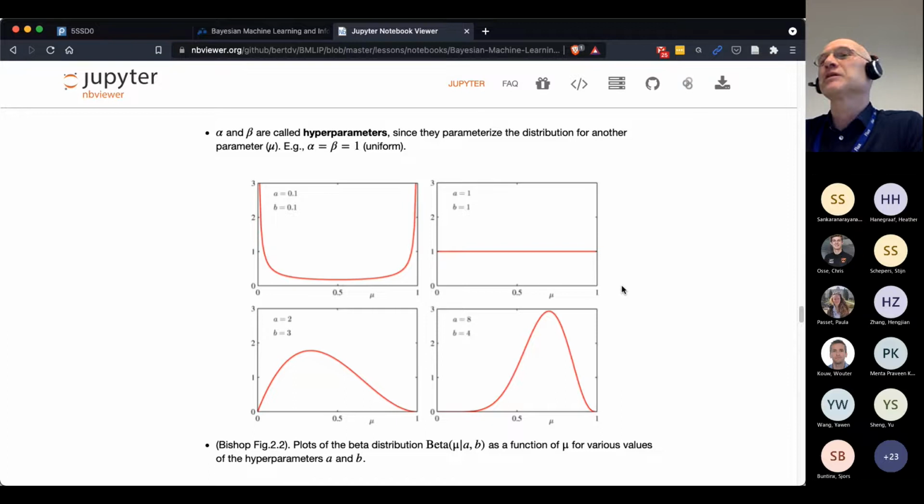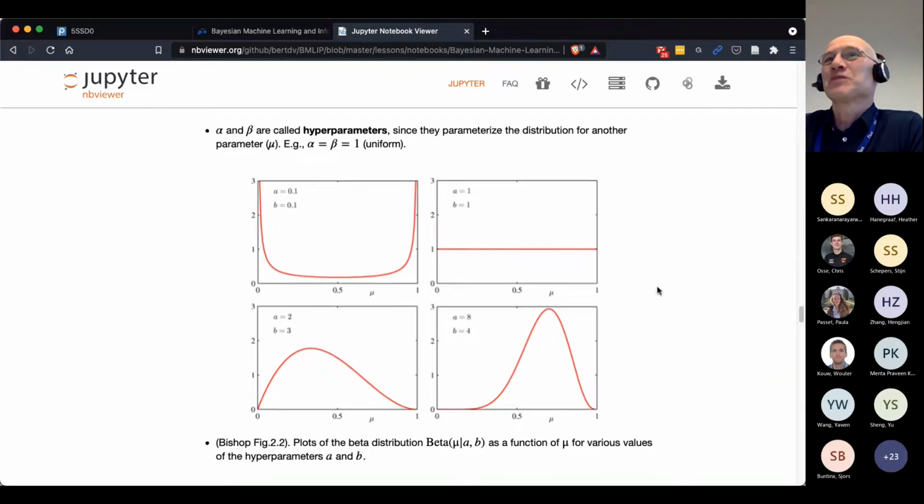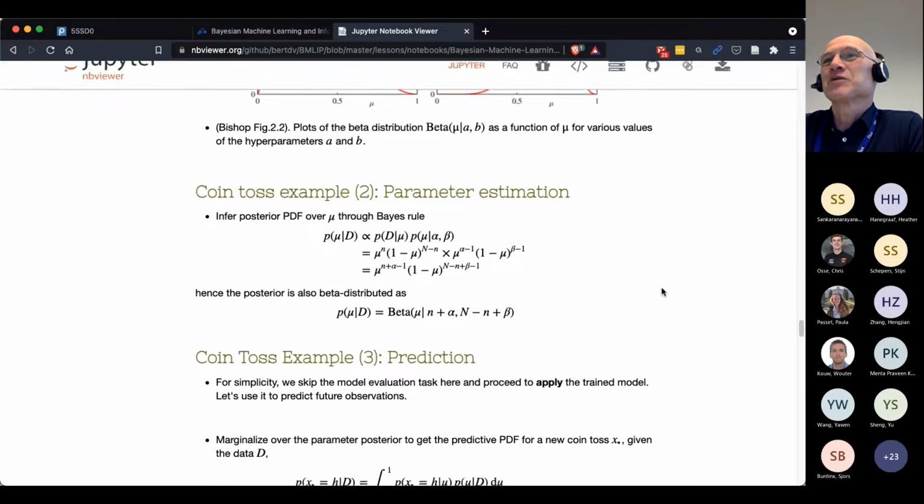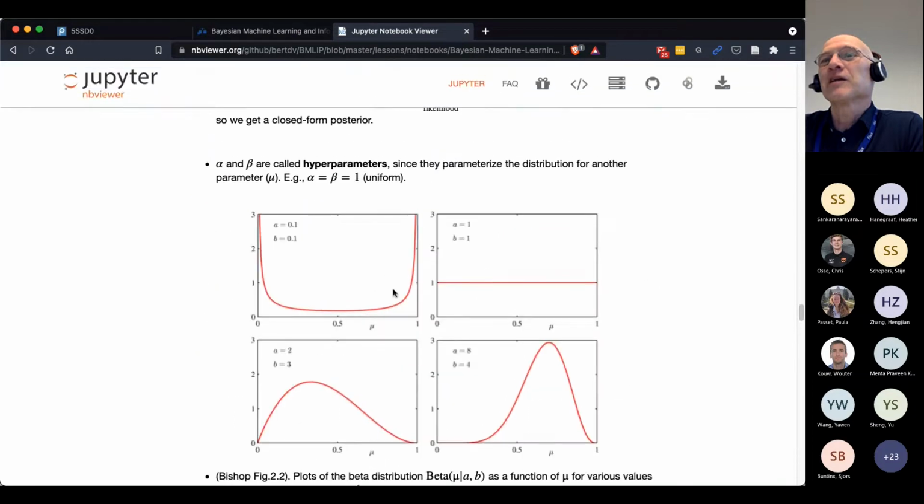I mean, if you know nothing about a coin, you may just start this way, by saying, okay, I want to express that mu could be any value with equal likelihood, right? Then choose the uniform distribution. If you do that and you multiply your likelihood with this prior, it doesn't change the likelihood, and it makes no difference.